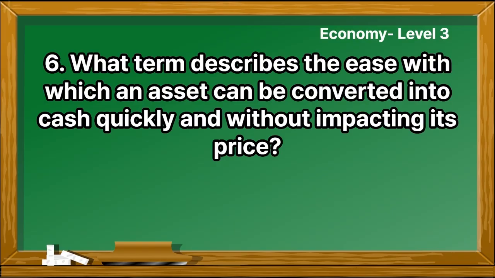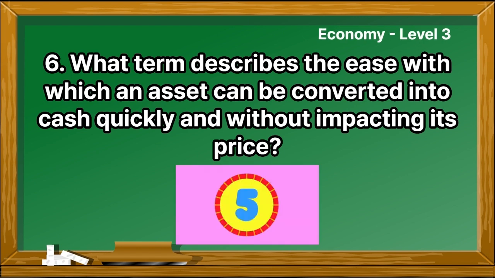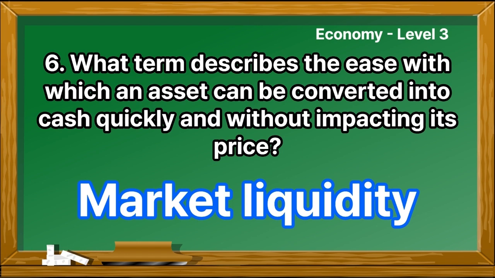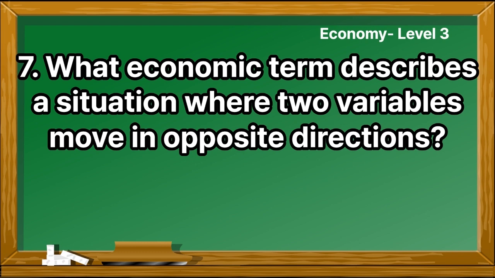What term describes the ease with which an asset can be converted into cash quickly and without impacting its price? Market liquidity. What economic term describes a situation where two variables move in opposite directions?